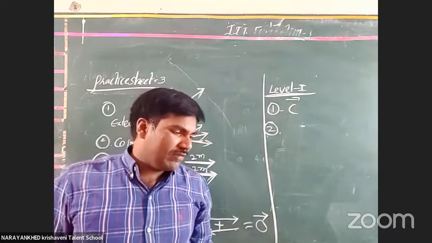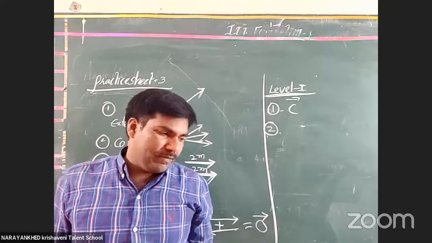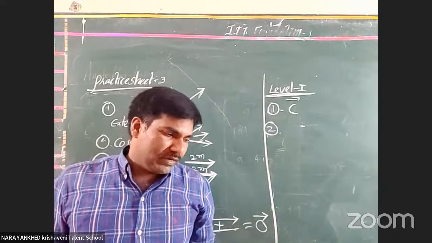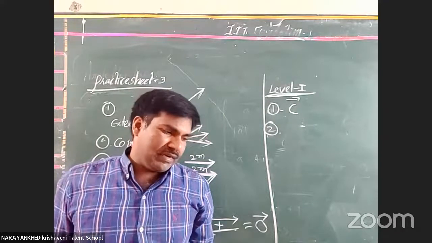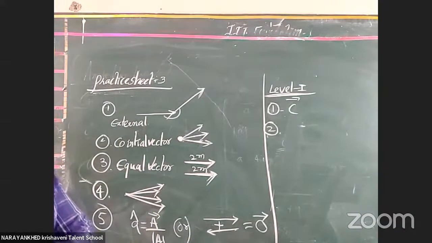Position vector is a vector that defines the position of the vector. Got it or not? In a coordinate system, where our particle or vector is, it indicates the position vector.